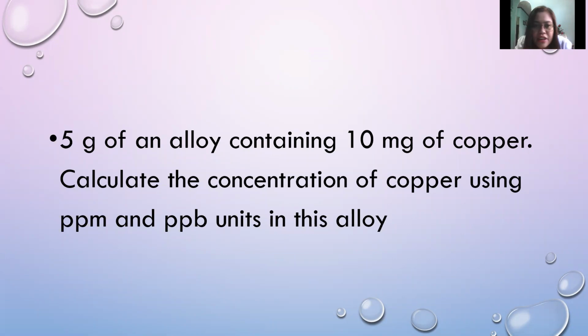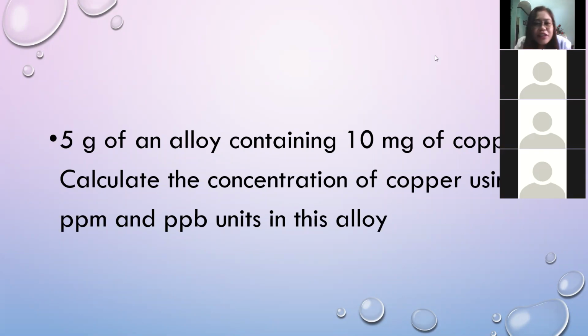Calculate the concentration of copper in ppm and ppb in this alloy. Try solving and I'll wait for your answers in the chat. Then we will compute later on the screen if we have the same answer. I'll give you time to compute.